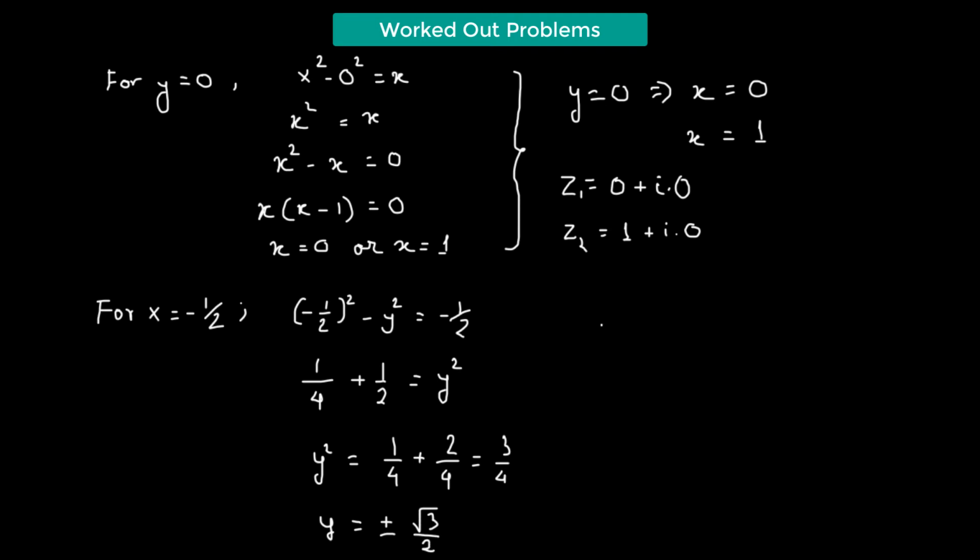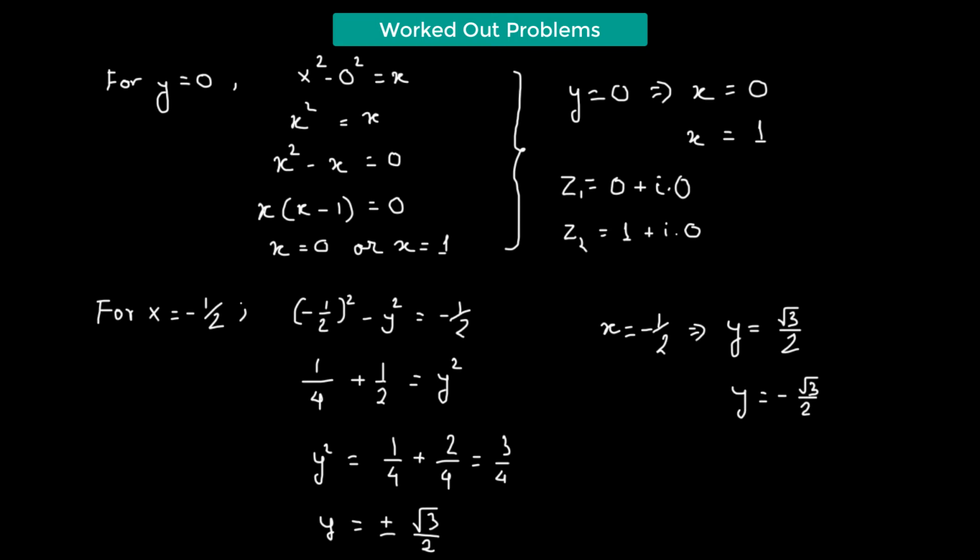So for x equals -half, this gives us two values of y. One will be positive square root of 3 over 2, and the other one is negative square root of 3 over 2.